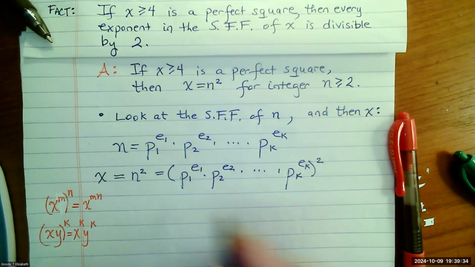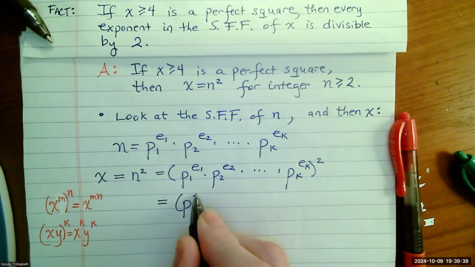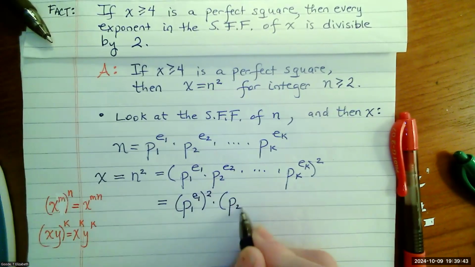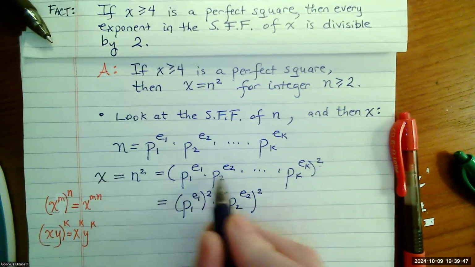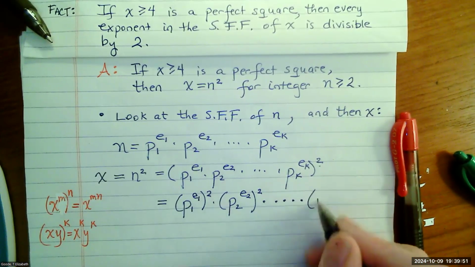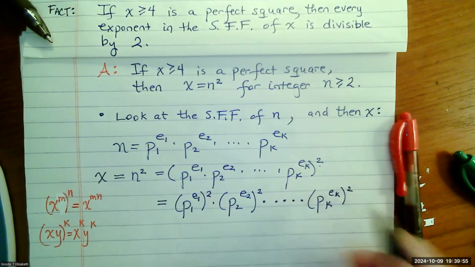We're just using it in the other direction. So it's p sub 1 raised to the e sub 1 squared times p sub 2 raised to the e sub 2 getting squared. This 2 is coming across and multiplying times each of these factors times p sub k to the e sub k squared.